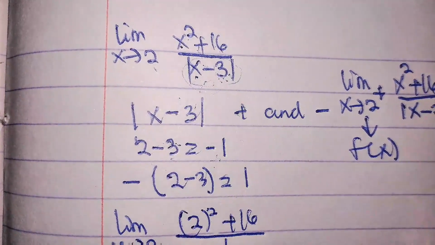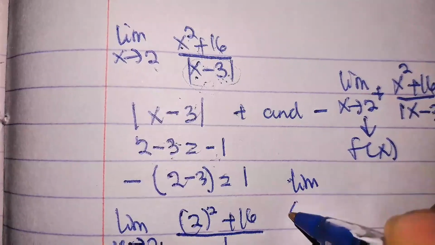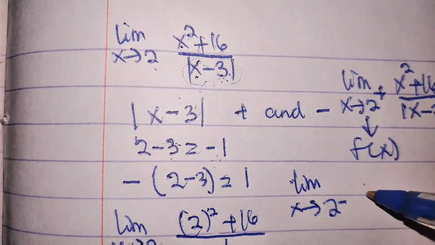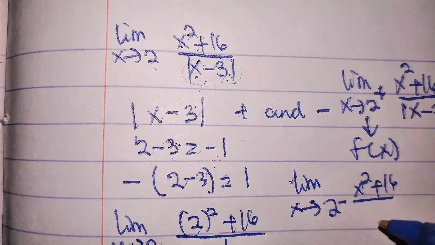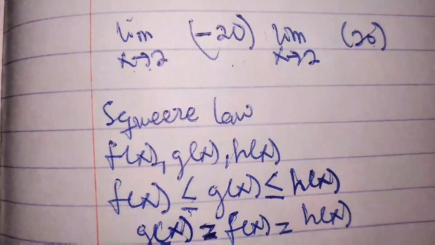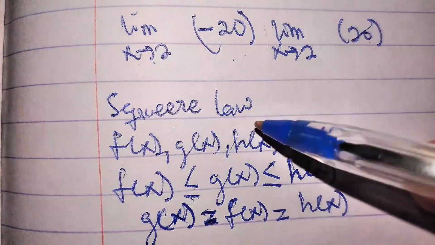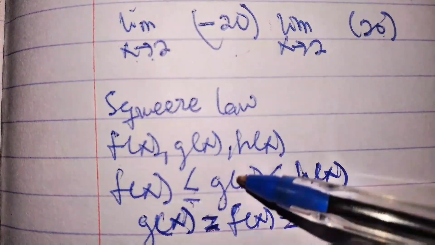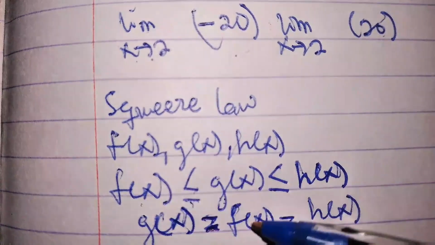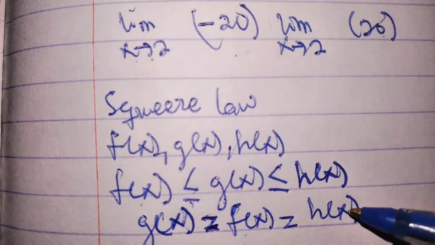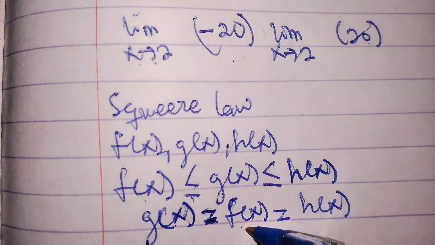We are taking it that our g of x will be the limit as x approaches 2 with the negative value of the absolute value, x squared plus 16 over x minus 3. According to the squeeze theorem, g of x can only exist if f of x is less than or equal to g of x, which is less than or equal to h of x. So if f of x is equal to h of x, then g of x is equal to f of x is equal to h of x.